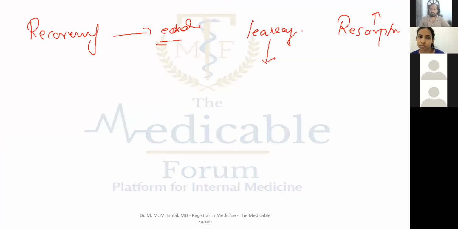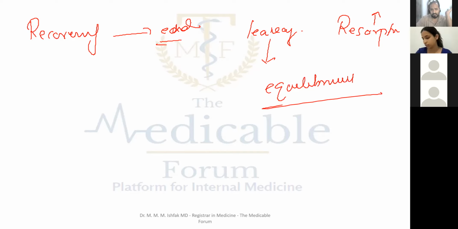But it happens in a balance. That is why towards the end, it is called the equilibrium phase. Gradually towards recovery, the leaking will slowly reduce and the resorption will increase.